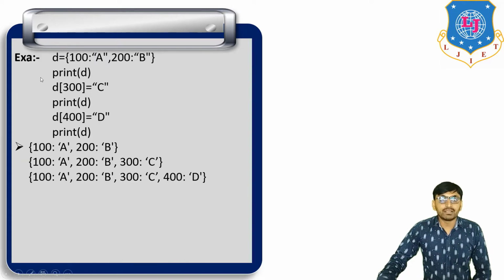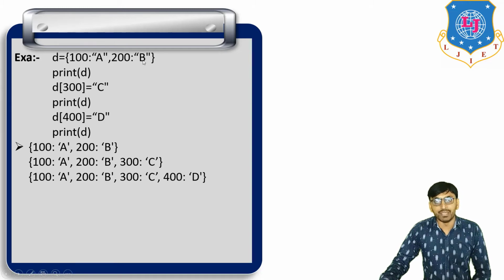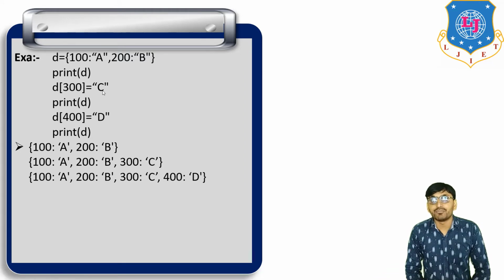For example, D is equal to 100A and 200B. It contains two key value pairs. If we print D, we get 100A and 200B. Now if we add another key value pair, for example D of 300 is equal to C, it means the 300 key with the corresponding value C.